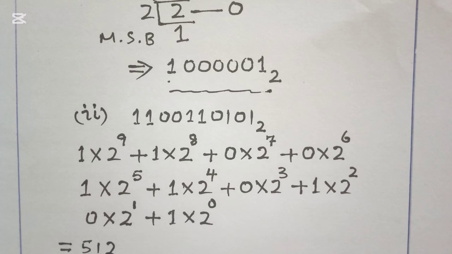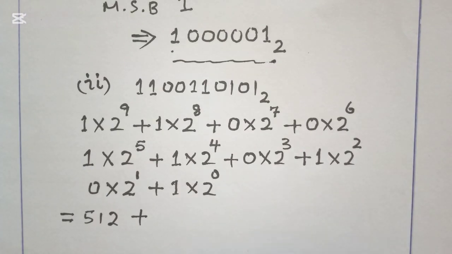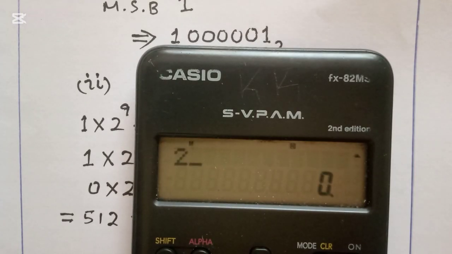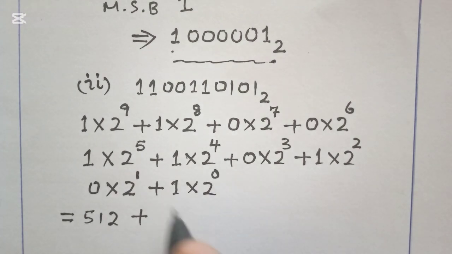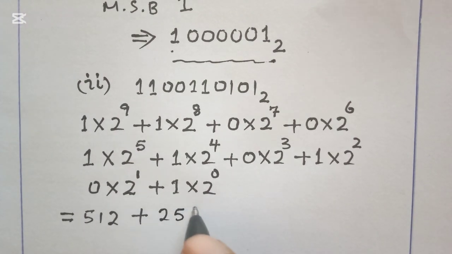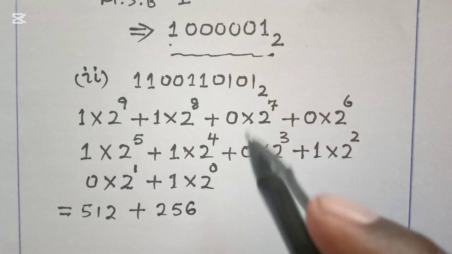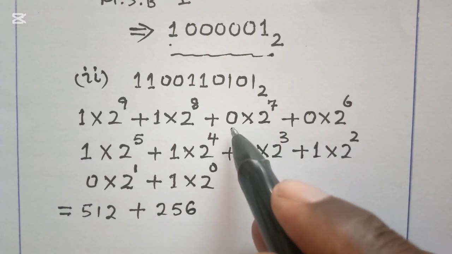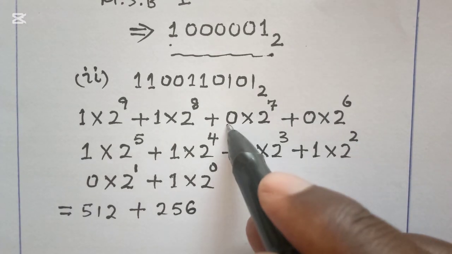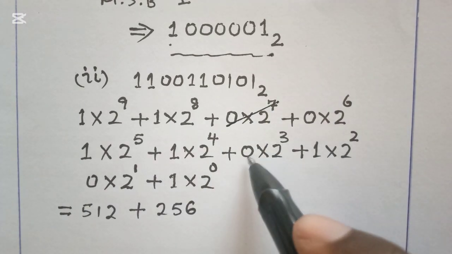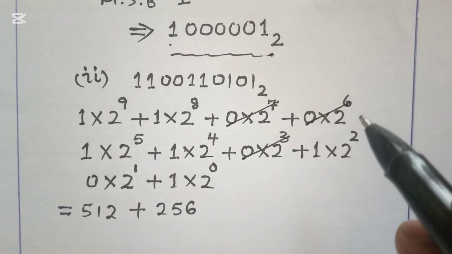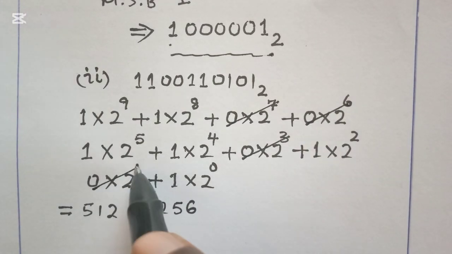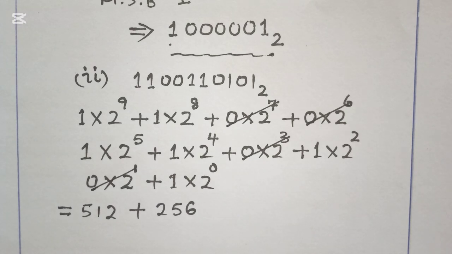We now go to this, plus 2 raised to 8. 2 raised to 8 gives us 256. When we come to this, guys, this is 0. If you multiply any number with 0, you get 0. So we can cancel these with zeros, because we will get 0 when we multiply any number with 0. So we are going to skip them.